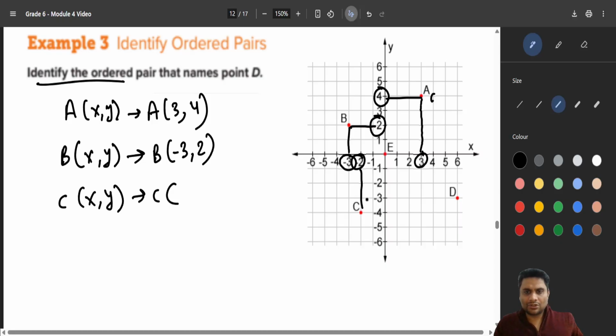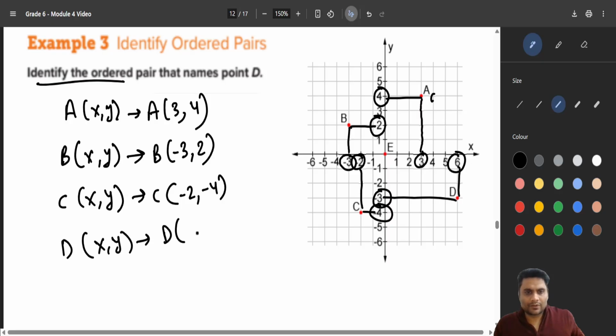It's minus 2 and minus 4. So minus 2 and minus 4. And if I check the D, in the x it is 6, in the y it is minus 3. So 6 and minus 3. So we have identified the ordered pair.